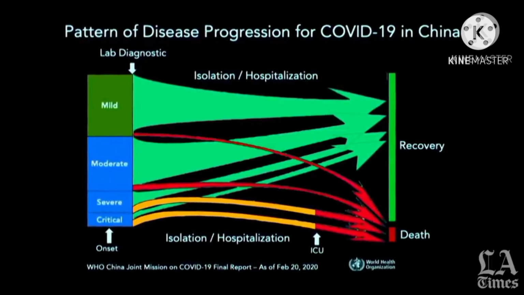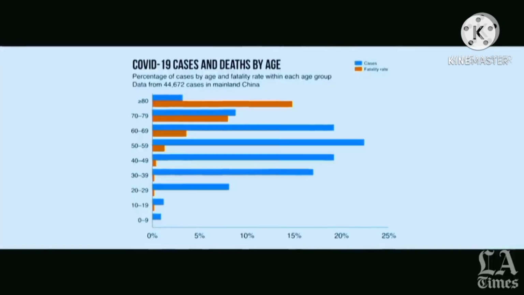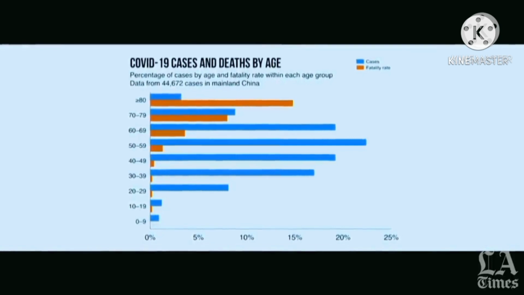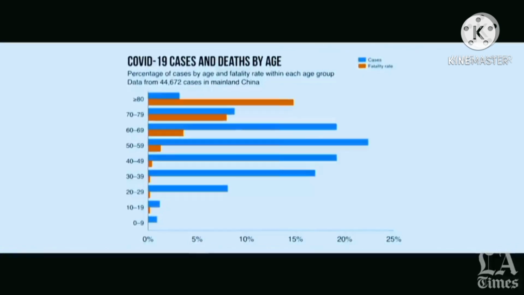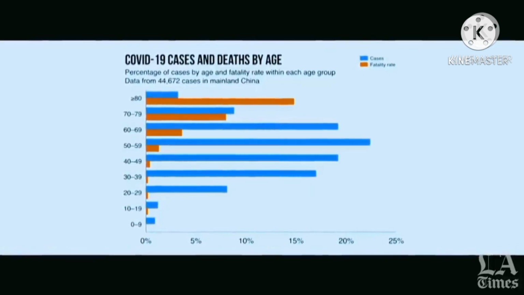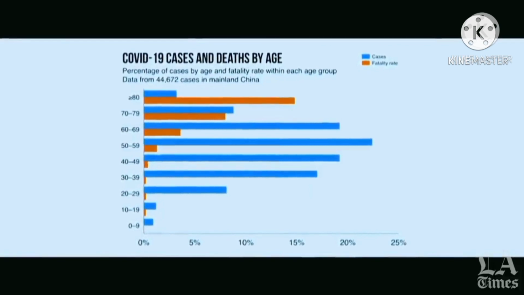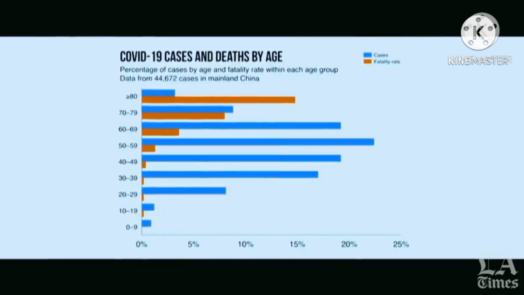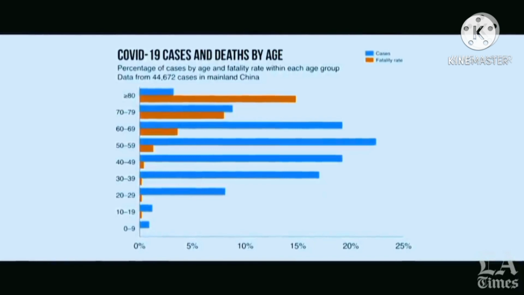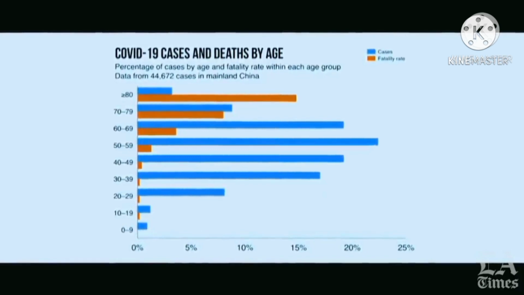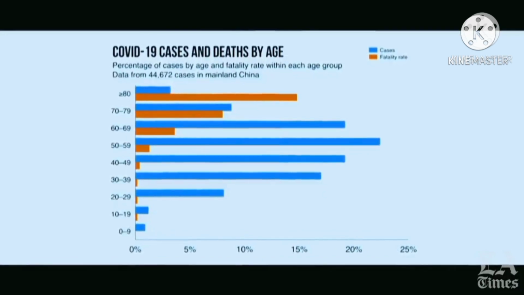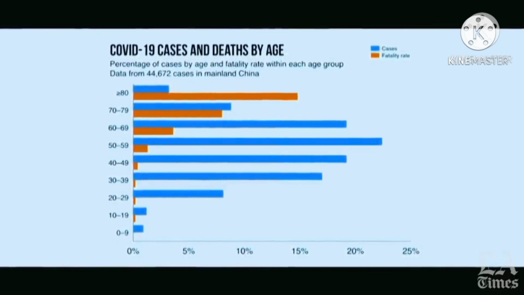This can happen as rapidly as that. 4,000 cases in mainland China have separated the fatality as it relates to age. And as one could see from this chart, the yellow is that greater than 80, and 70 to 79 and 60 to 69 are the predominant patients.